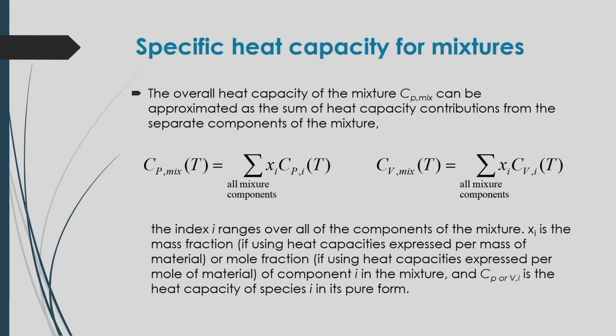Now, how can you get the specific heat capacity for a mixture? For any chemical engineering operation, you will see several components are mixed for processing to get a certain product. In that case, you have to find out what should be the specific heat capacity of that mixture.